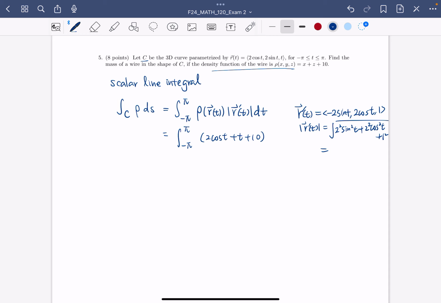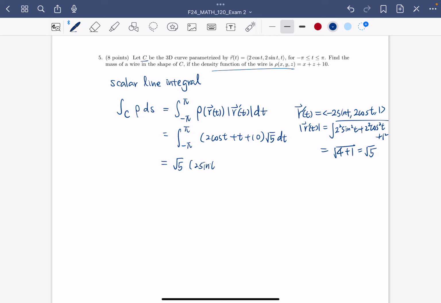Then because cosine squared t plus sine squared t equals 1, you get the square root of 4 plus 1, so square root of 5, dt. And we can pull out this square root of 5 because it doesn't depend on t.